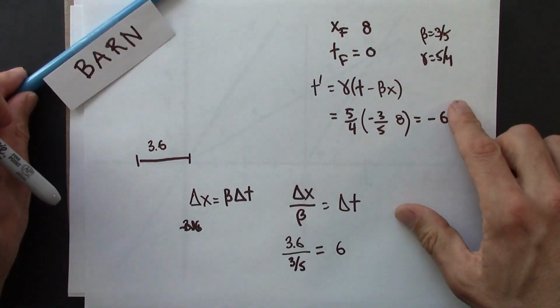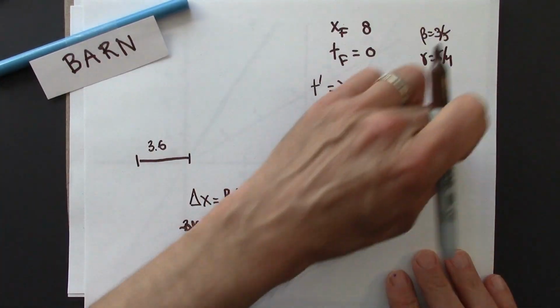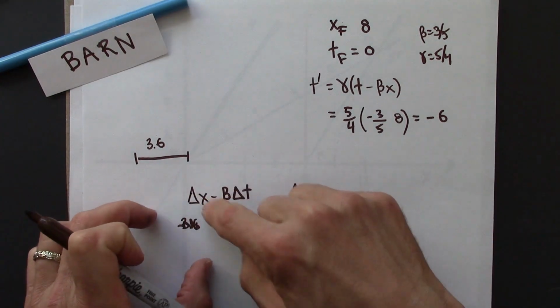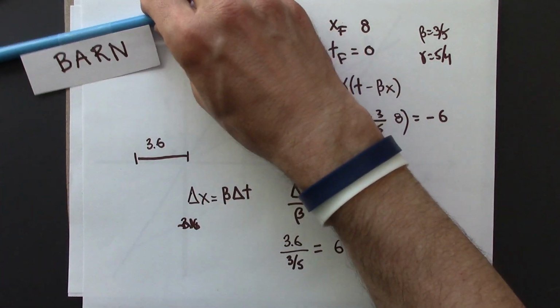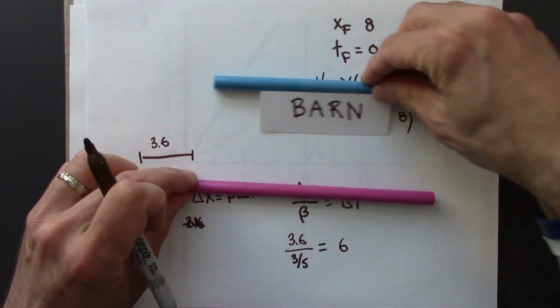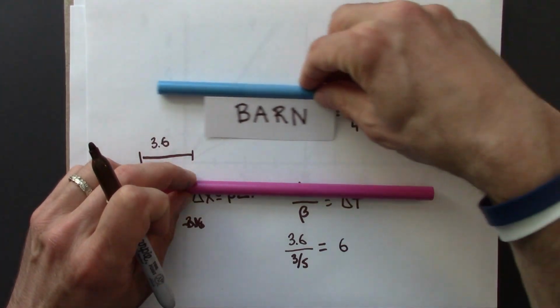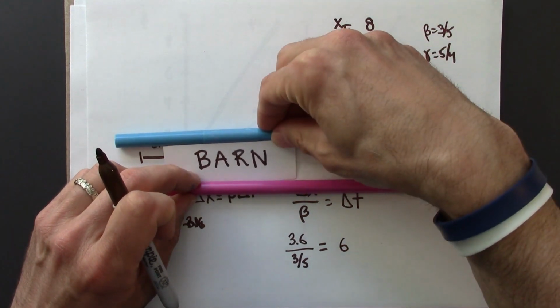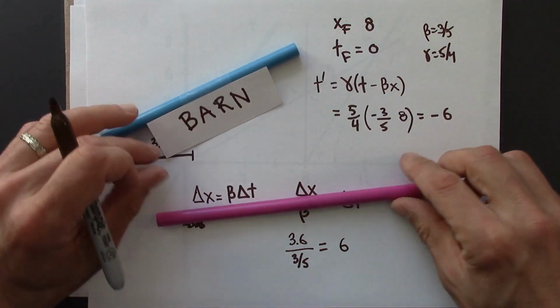So both of these approaches, doing the translation using the Lorentz transformation, or thinking about how fast the barn is moving relative to Beowulf, and so the time difference between this and this, they both give us 6 seconds. So that event F, the fronts align 6 seconds before the rears align.